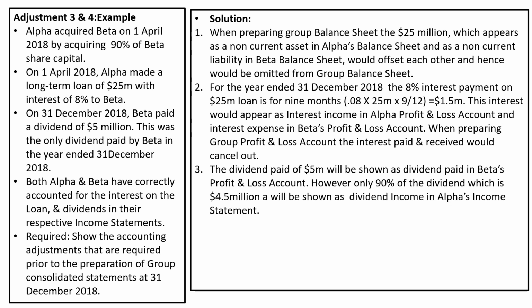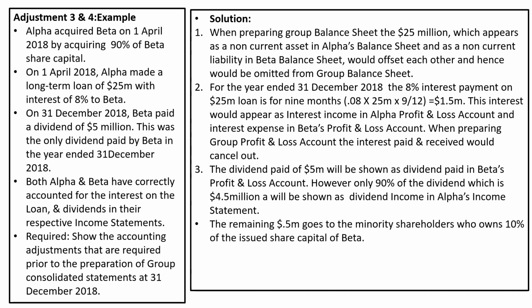The dividend paid of 5 million will be shown as dividend paid in Beta's profit and loss account. However, only 90% of the dividend, which is 4.5 million, will be shown as dividend income in Alpha's income statement.